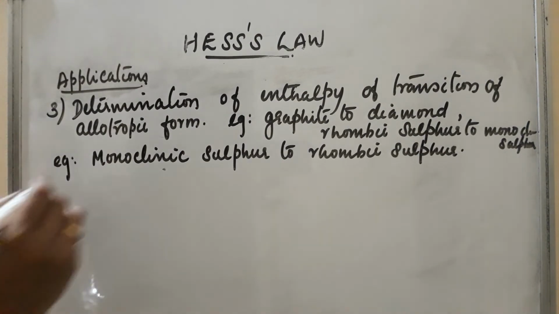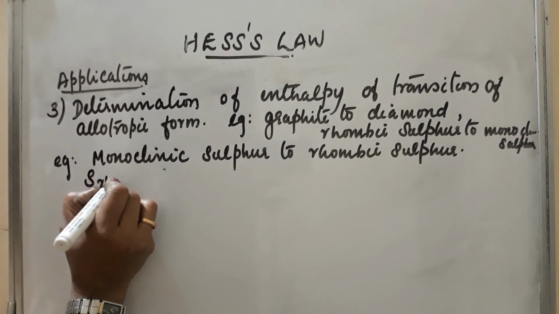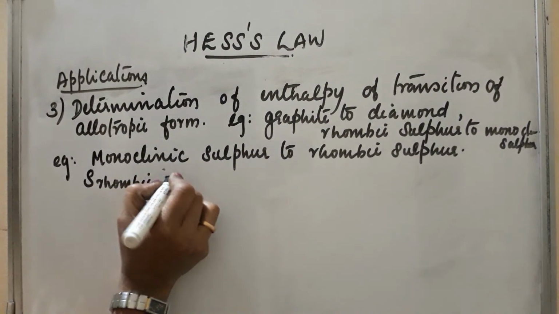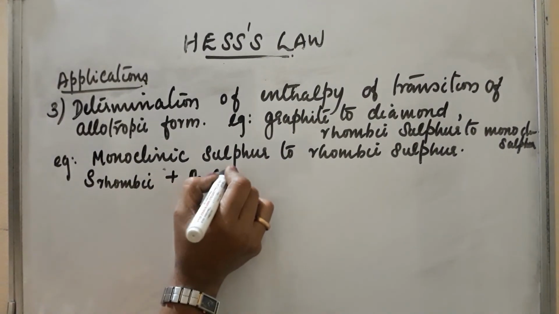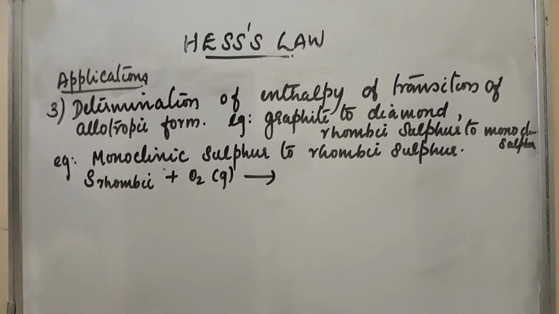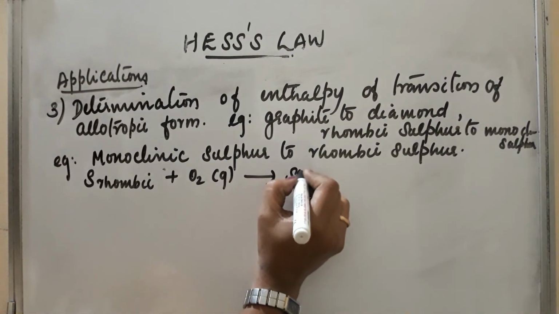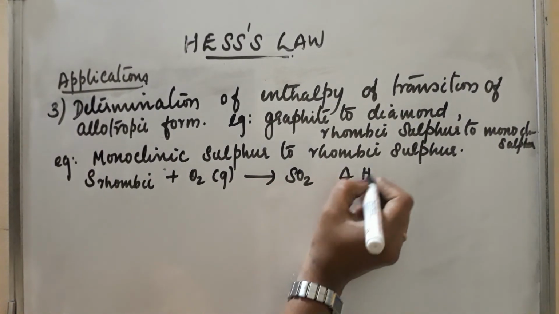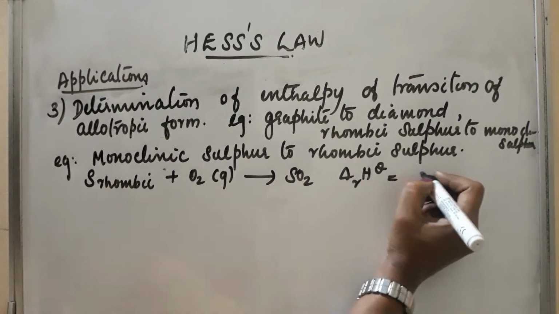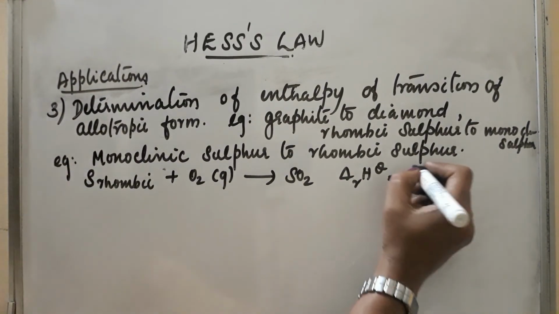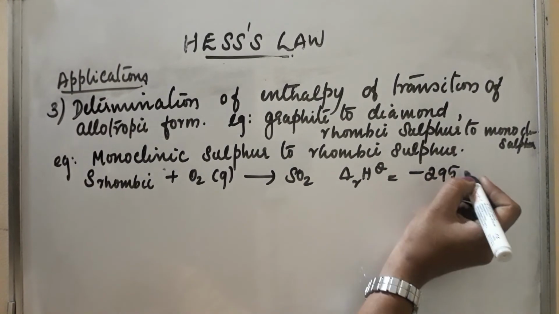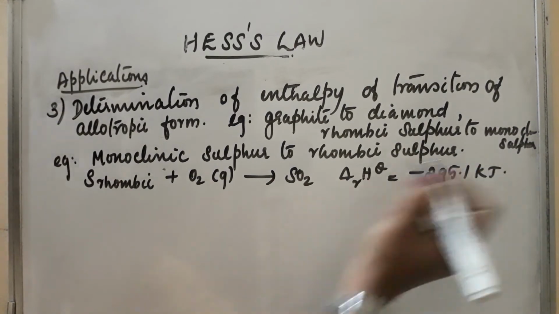Given: S rhombic plus oxygen gives SO2, and its delta H is minus 295.1 kilojoule.